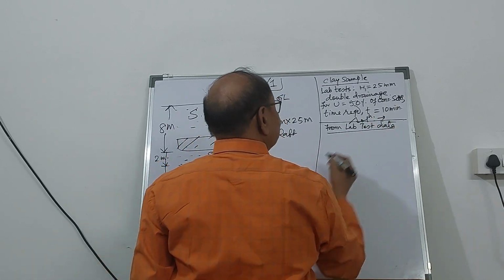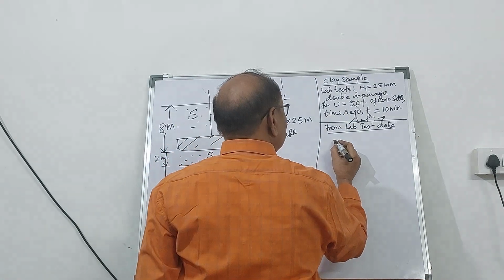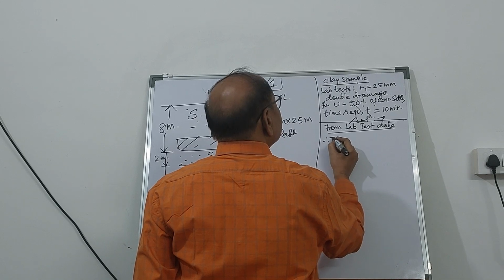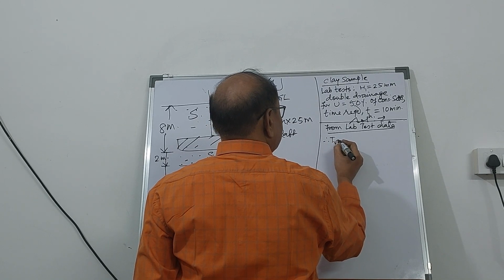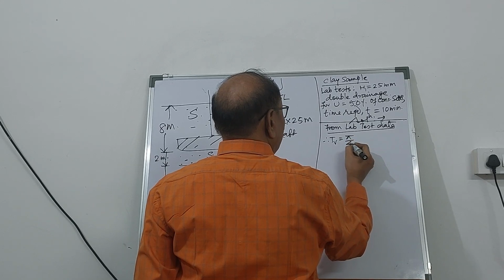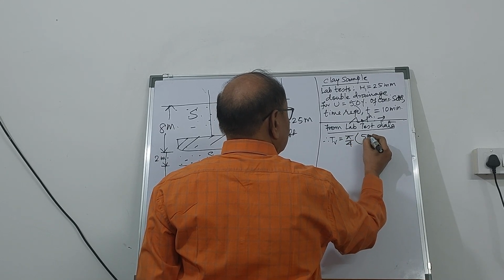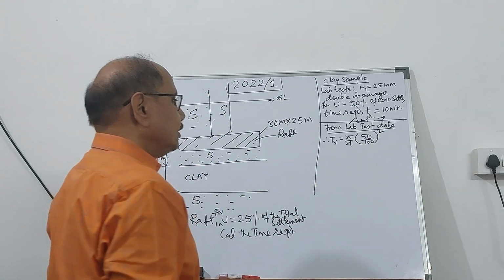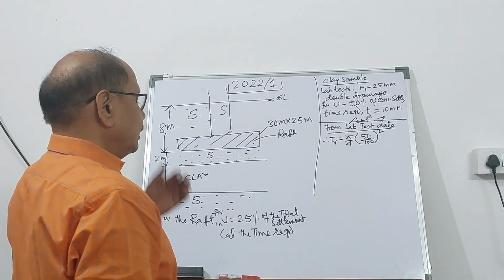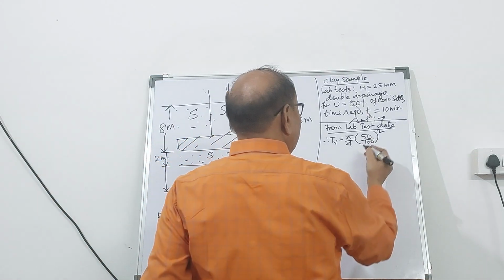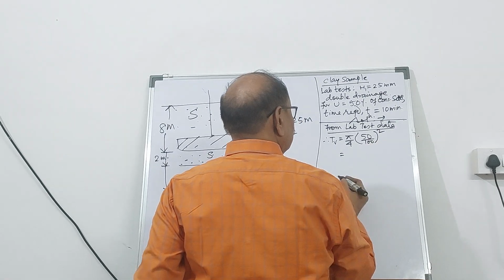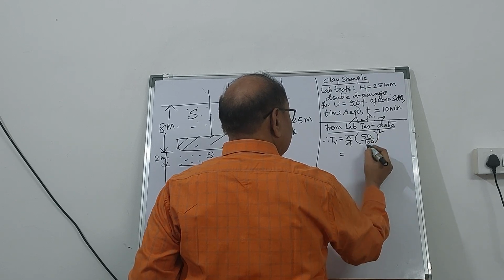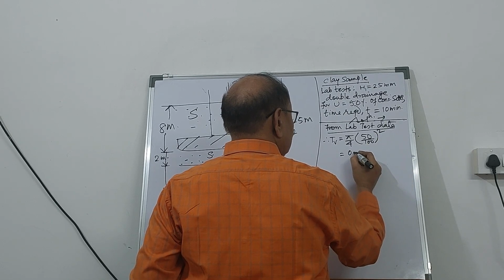So from lab test data, the value of u equal to 50%, therefore time factor TV equal to pi by 4 into (50 by 100, u by 100) whole square. So this becomes 0.5, 50 by 100, and if you square it, this becomes 0.25.